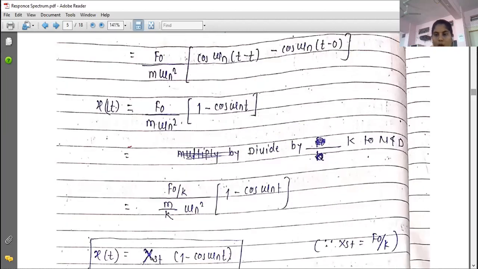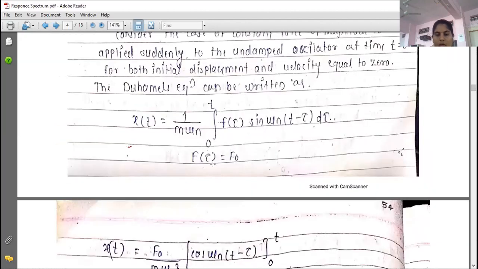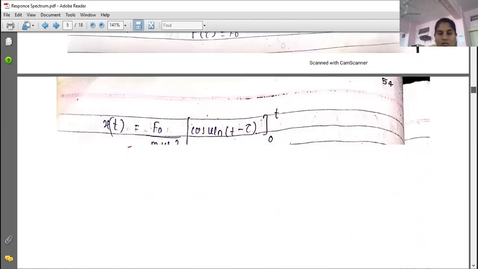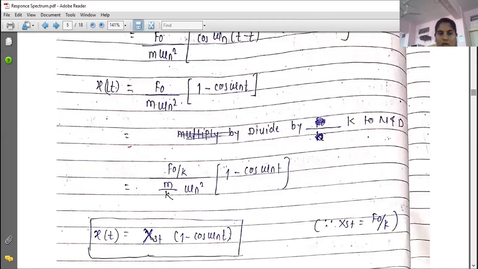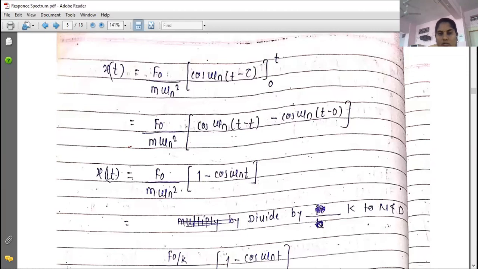Now you have to solve this integration. F of tau is equal to the f naught at initial conditions. Now you can solve this integration. Already you know that the integration of sine is minus cos.